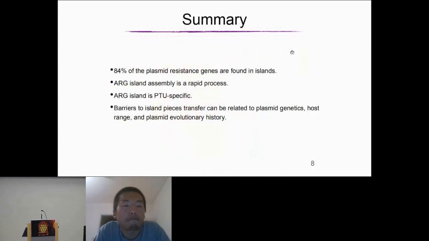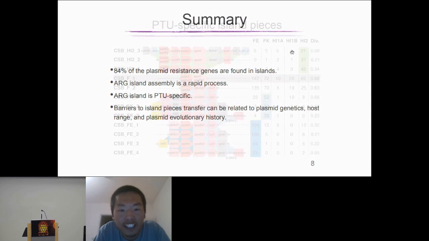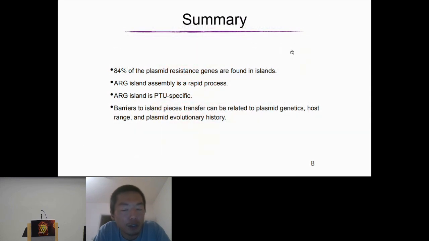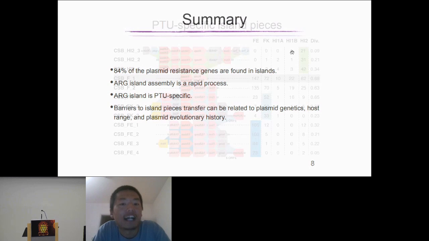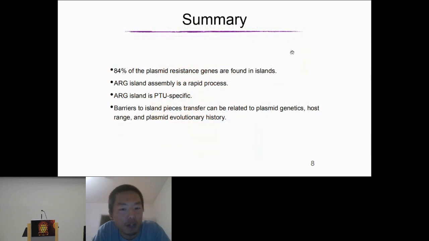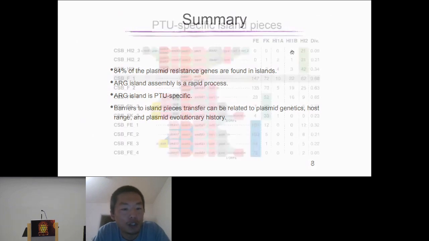To summarize, first, I found the majority of plasmid resistance genes can be found in those islands in plasmid genomes. The island assembly is a rapid process, and we observed an early saturation in this process. And I show here the ARG island is PTU specific.